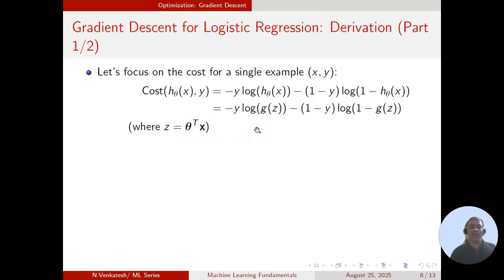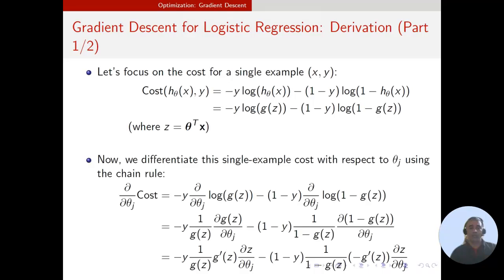Here we have to use a chain rule, because when taking the derivative with respect to theta j, z depends on theta and g of z depends on z. Now, dou by dou theta j of log of g of z.